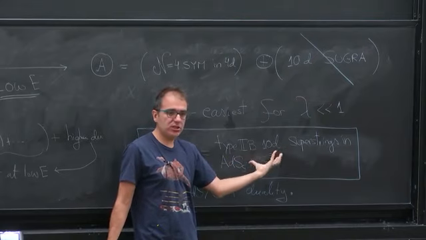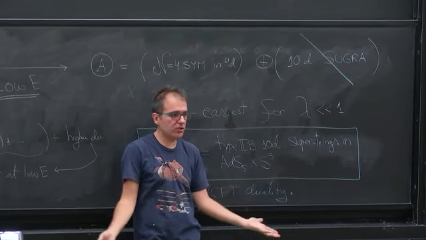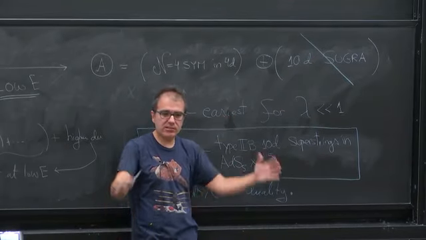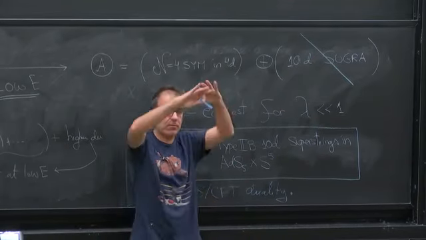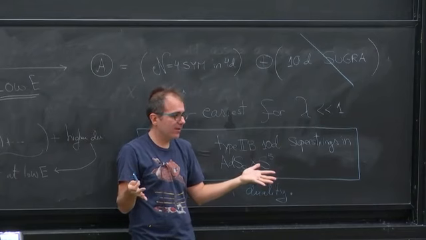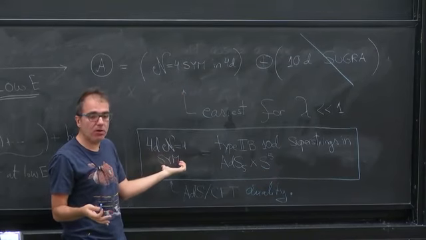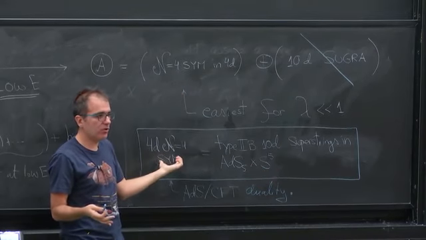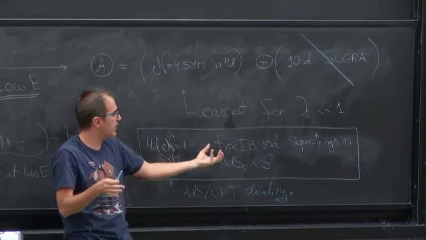Because coupling large here means you have an AdS with a big curvature. You have a big radius AdS, like a big sphere and a big hyperboloid and small strings moving there. That's easy. But here it's easy when lambda is small. That would correspond to a very curved AdS where the strings are huge, and so strings would be hard. So when this theory is easy, this is hard. When this is easy, this is hard.